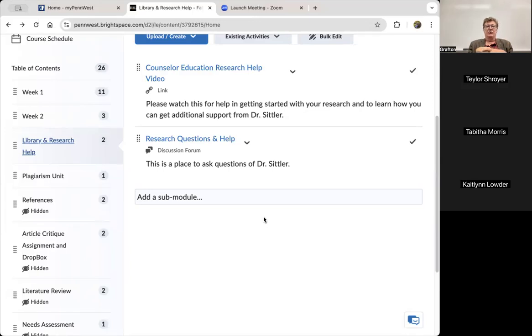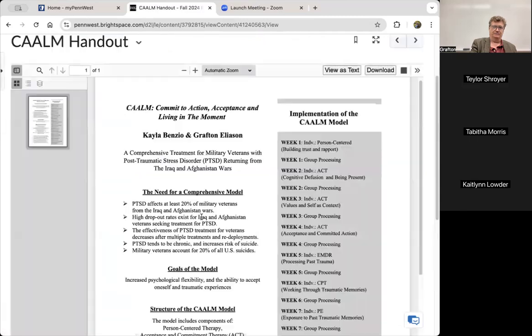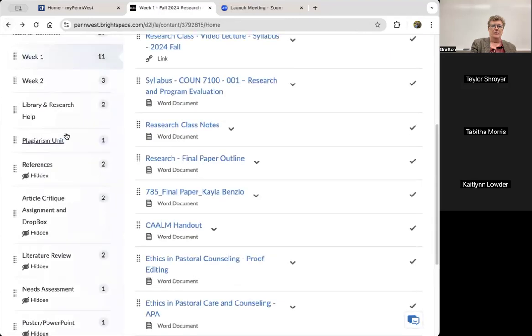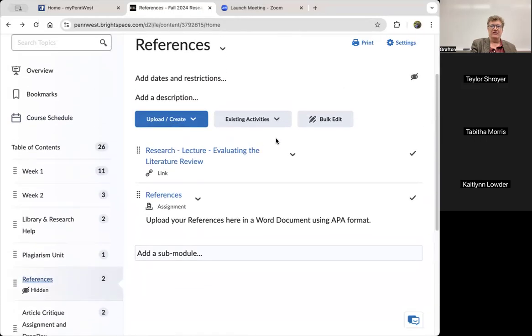Okay, make sure you get your plagiarism certificate uploaded to the plagiarism unit Dropbox. I'm going to open these now. So there is a Dropbox for references.